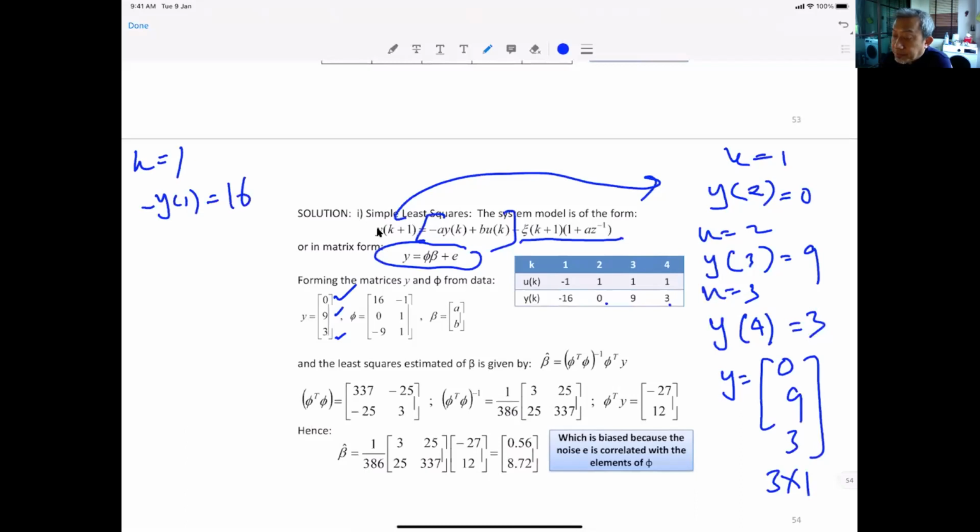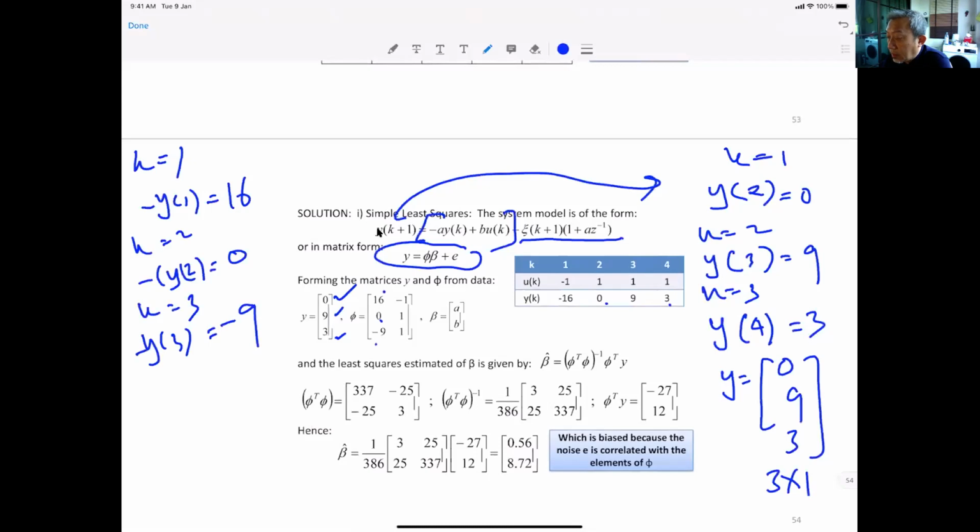And then k is equal to 2, y2 is 0, minus 0 is 0. And then k is equal to 3, minus y3, y3 is 9, so minus positive 9 becomes minus 9. So that's why you get 16, 0, and minus 9.